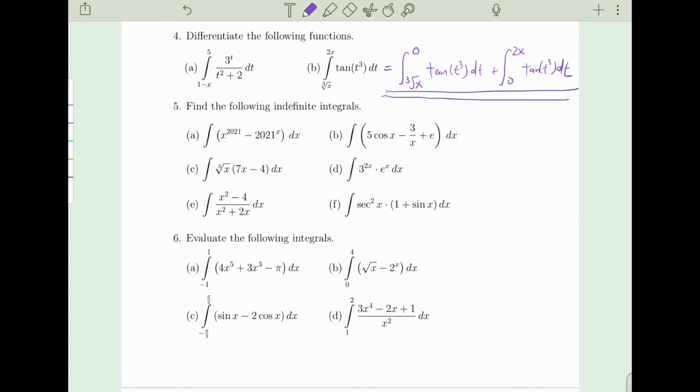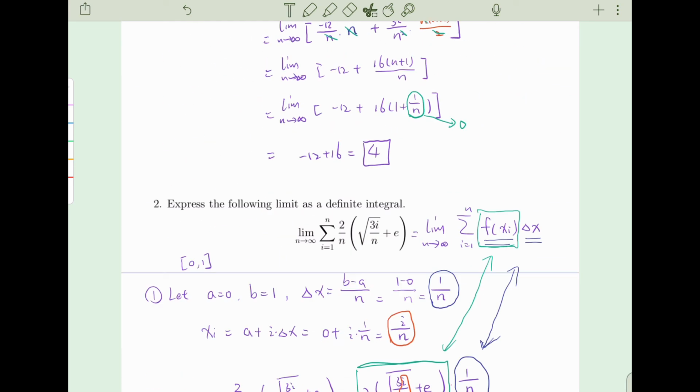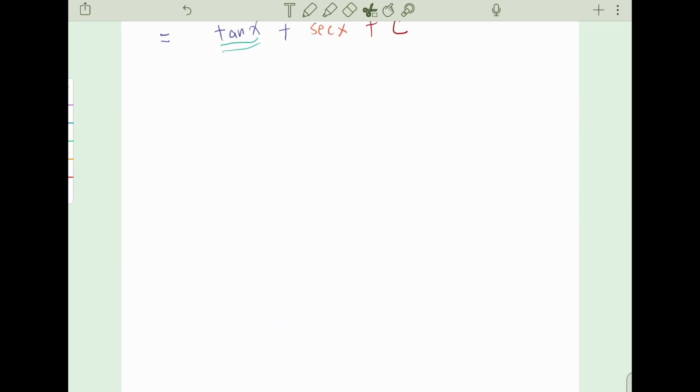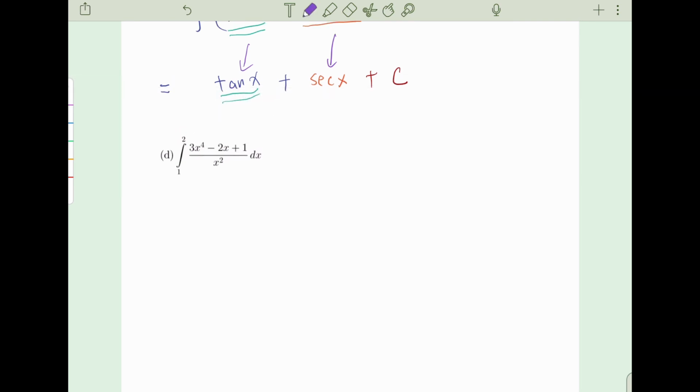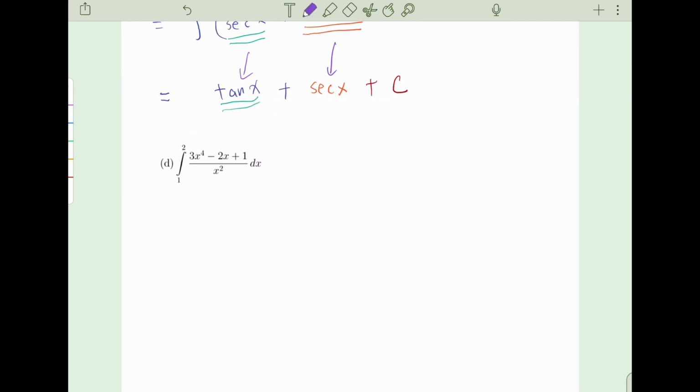Okay, so maybe let's do one of these questions in question 6. Which one is more difficult? Maybe the last one, though I don't think the last one is difficult. We have actually encountered this kind of question in 1500, so it should not be new.